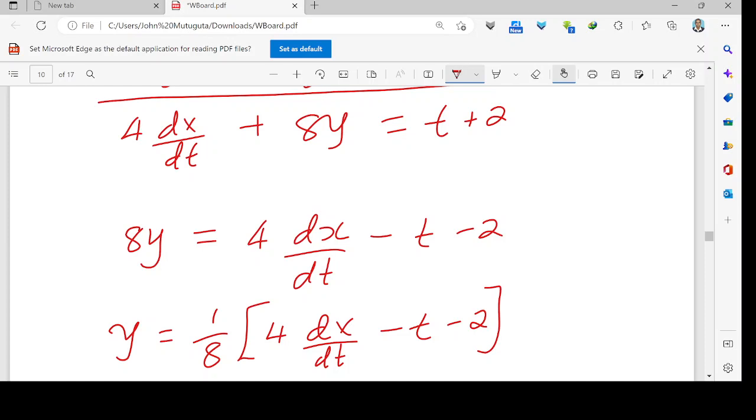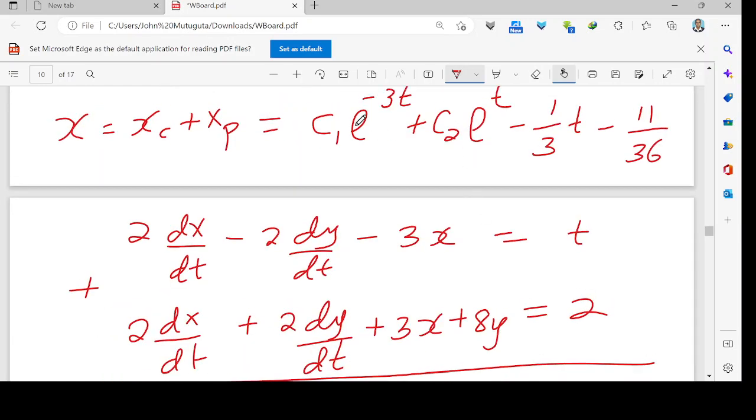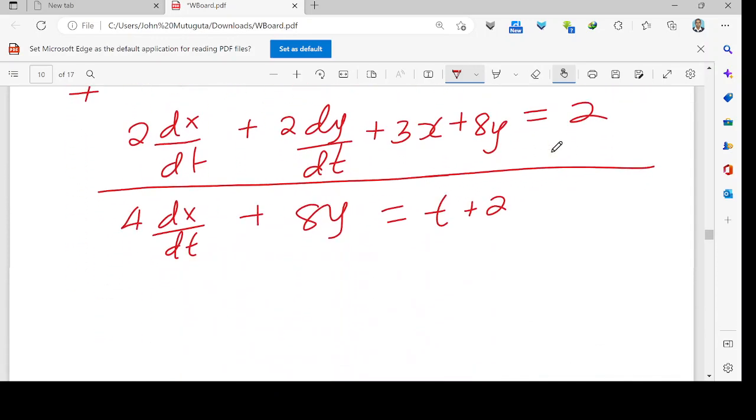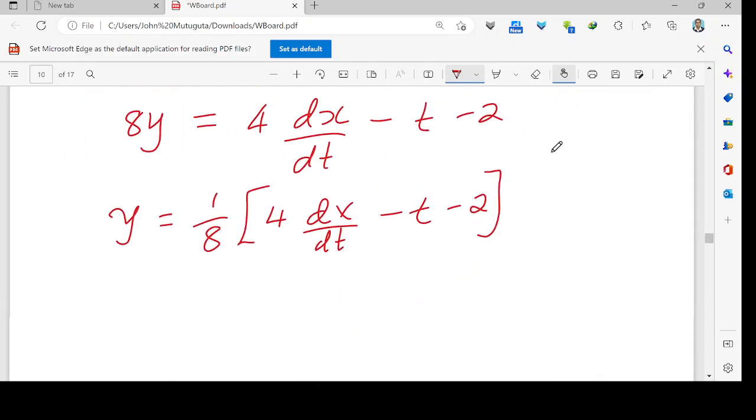Now because I have already obtained x, it means that I can differentiate it to get dx dt. See that dx dt will be minus 3 c1 e raised to power negative 3t plus c2 e raised to power t minus 1 over 3. So this is what I'm going to substitute here.